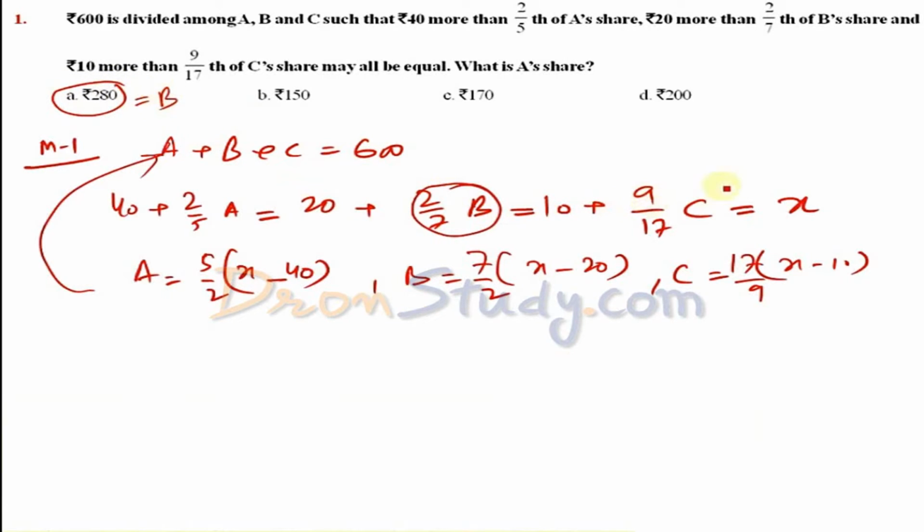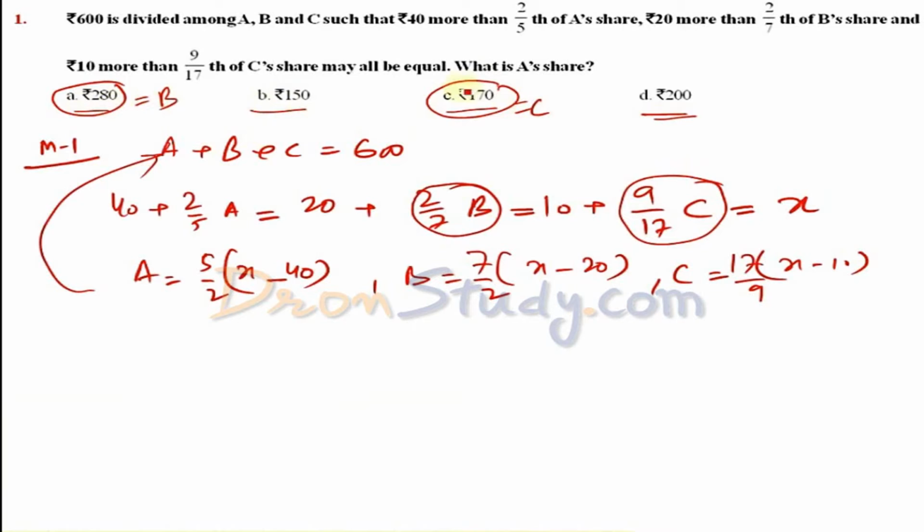And now C is 17 divided, 9 by 17 of C. So C is divisible by 17. This may be the value of C. Now we are left with two values, this and this. Now check, if this is 170, this is 280, right?